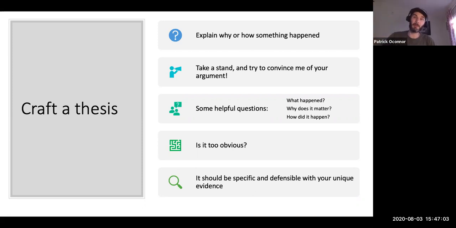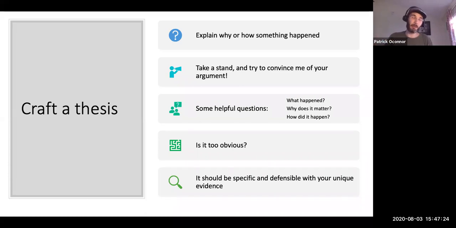Instead, it's an argument about the past. It explains why or how something did or did not change, why something happened, right? And that why or how is really, really important. Again, it's not just identifying that something happened, it's explaining how and why. That's what analysis is.